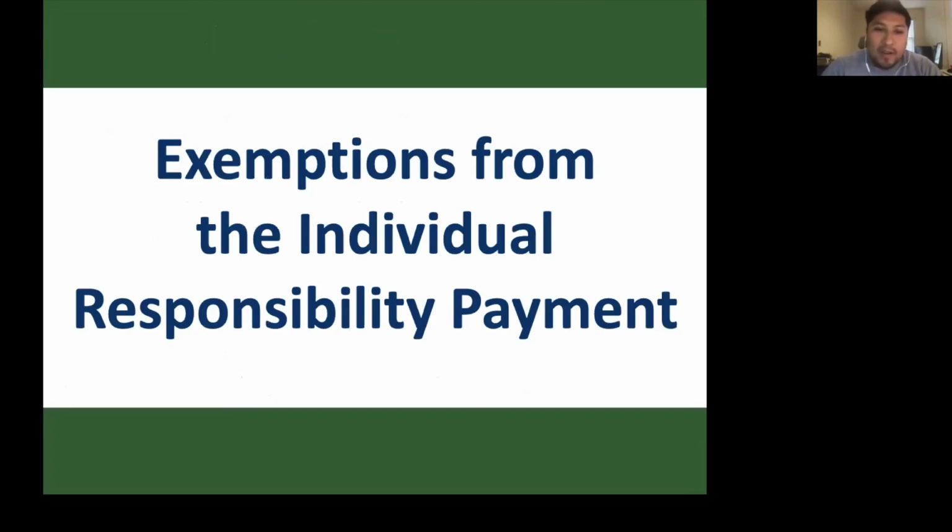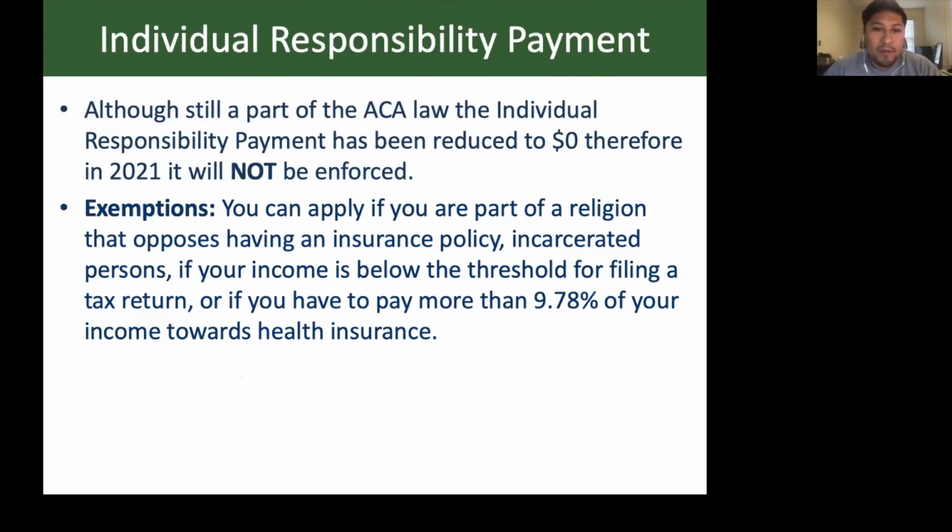Exemptions for the individual responsibility payment. So this has changed in the last few years, but we'll go over some of what you might be seeing under special circumstances. So there will not be a penalty if you do not have insurance for 2021. But there are specific circumstances where you could apply for exemptions.